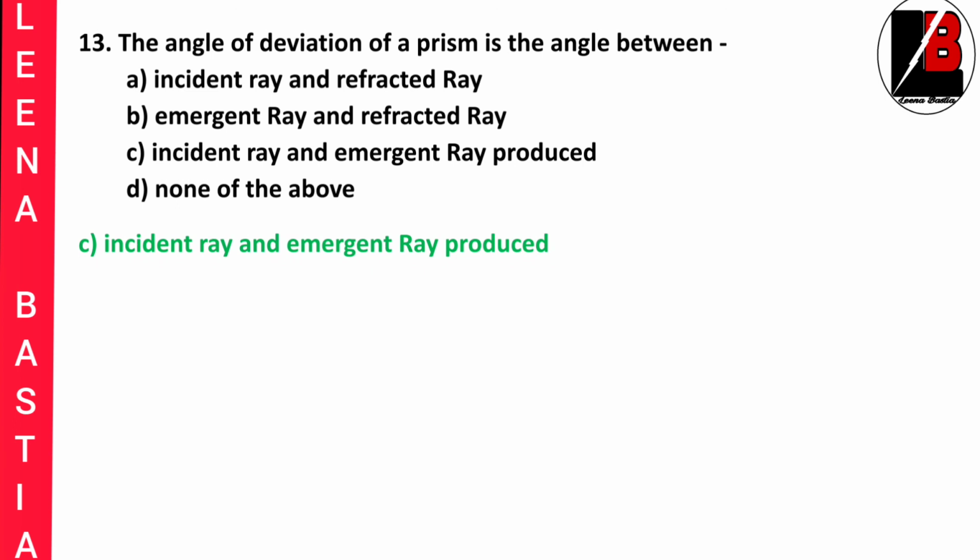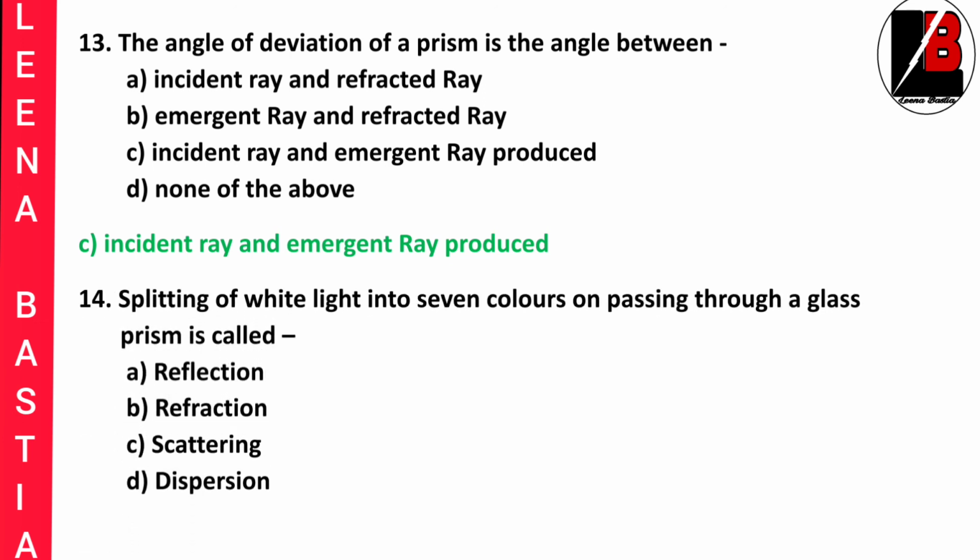Answer is option C, incident ray and emergent ray produced. Okay. Next question, question number 14, that is splitting of white light into 7 colors on passing through a glass prism is called A, reflection, B, refraction, C, scattering, D, dispersion. So clearly the answer is option D, dispersion.